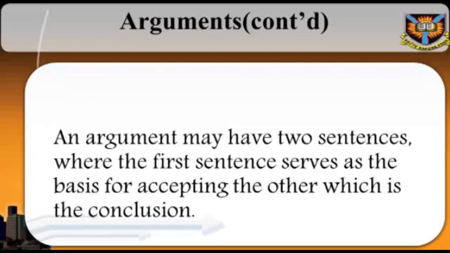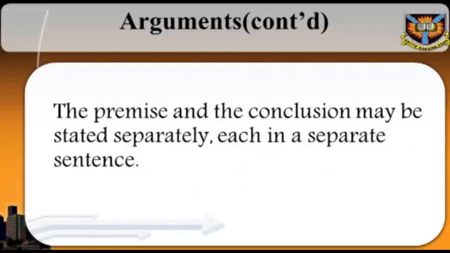An argument may have two sentences, where the first sentence serves as the basis for accepting the other, which is the conclusion. In other words, the premise and the conclusion may be stated separately, each in a separate sentence. For example, Dante Drum has not been convicted of the crime of murder.